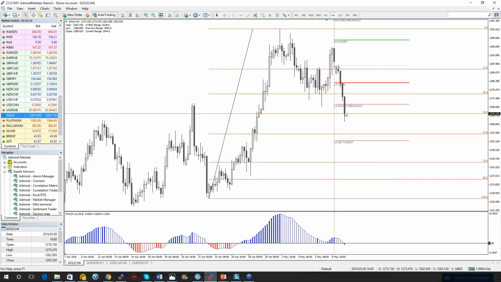See, it's not just a mere coincidence that it's being rejected from this level here. So this could be potentially a long trade here. Yes, guys, don't worry, I'll go through the slides after I finish the explanation. So this could be a potential long trade on gold.